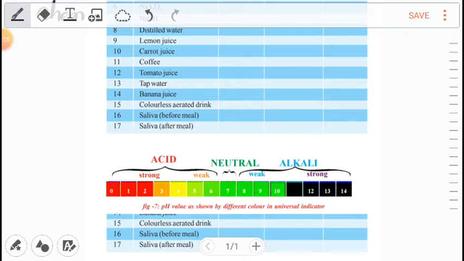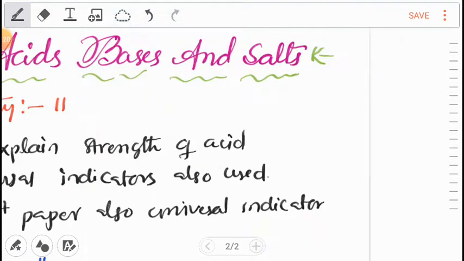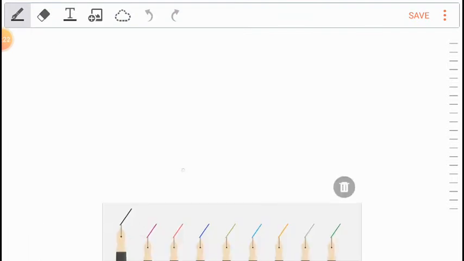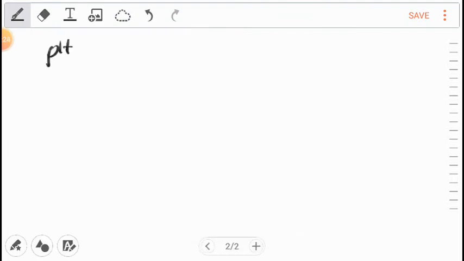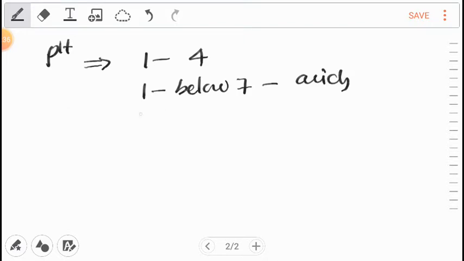A pH paper shows pH values 0 to 14 only. pH values will be 1 to 14, below 7 acids, above 7 to 14 bases.